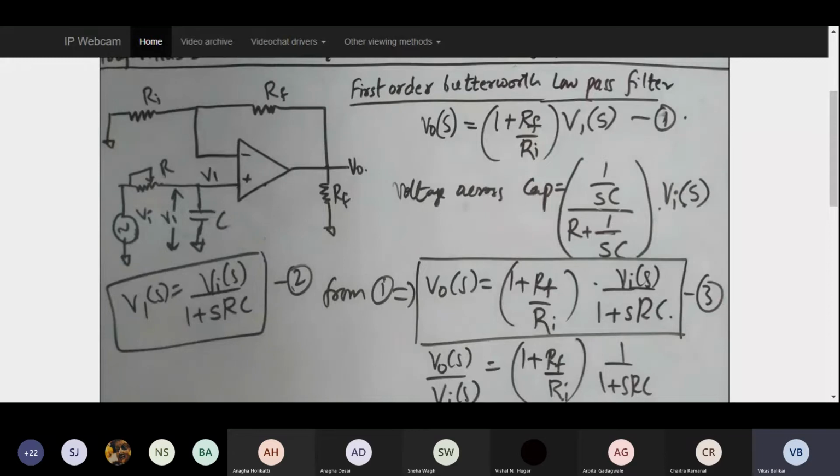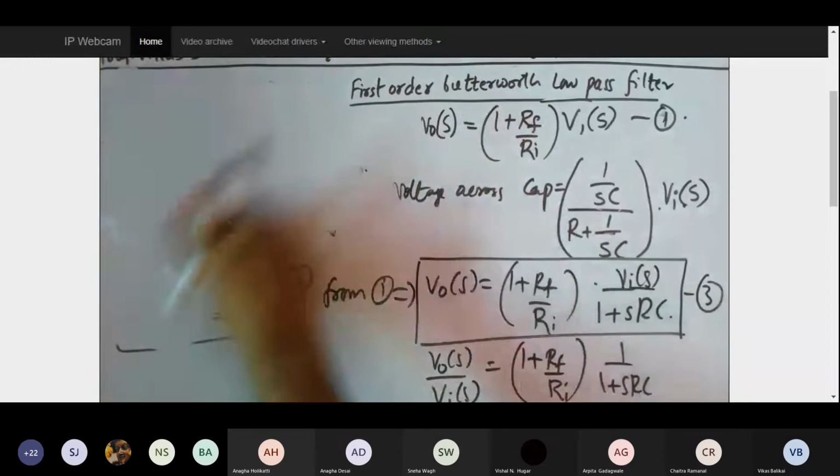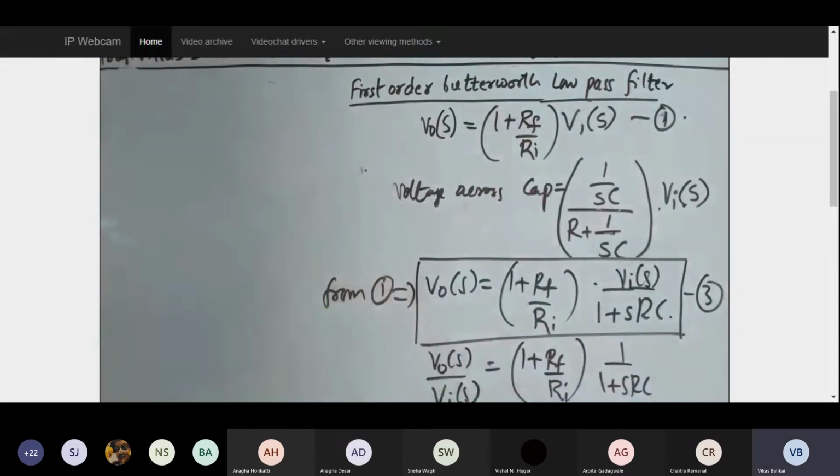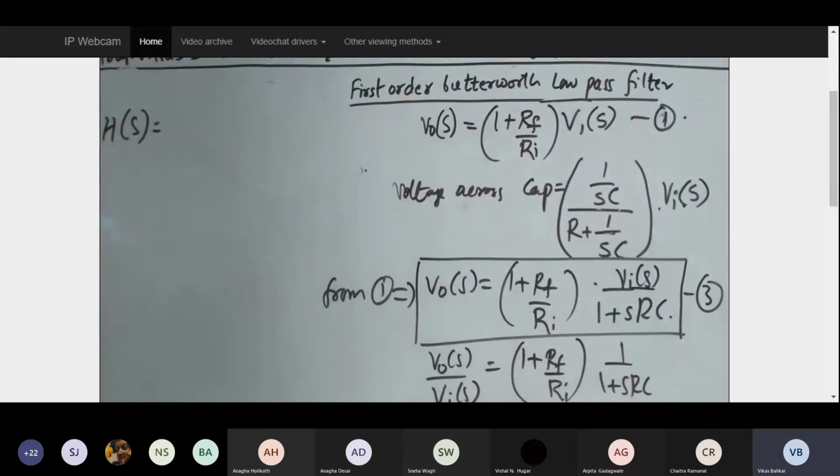So let's try to give this entire thing a different picture. Now I know that 1 plus RF by Ri is nothing but the gain of this non-inverting amplifier. So let me rub out this, and I'll rub out even this circuit. VO by Vi, I am going to represent by the term H of S. Whenever we represent a certain S term, I call the output by input the transfer function.